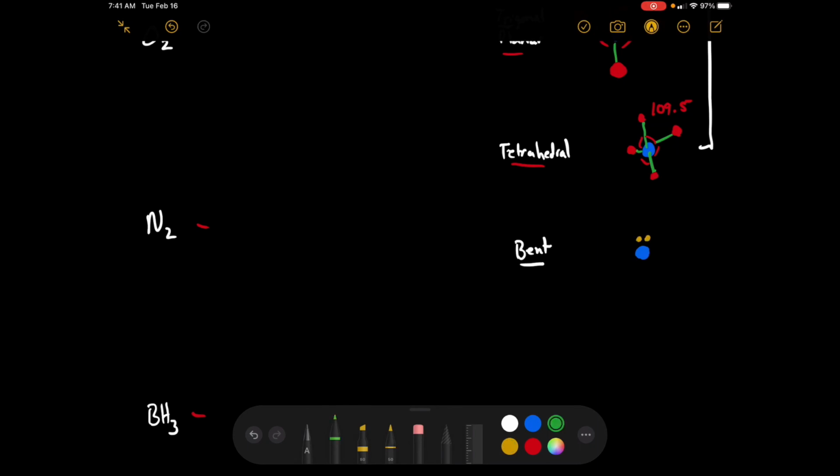Then you have bonds, which we would normally draw straight in a Lewis structure, but since these electrons are here, they're going to be pushing this bond this way, and this one's going to be pushing this bond that way. And so your shape, which would be linear, is now bent. And the bent molecule is going to have basically either a 104 to 107. It's kind of iffy. They don't really know how much it's going to bend.